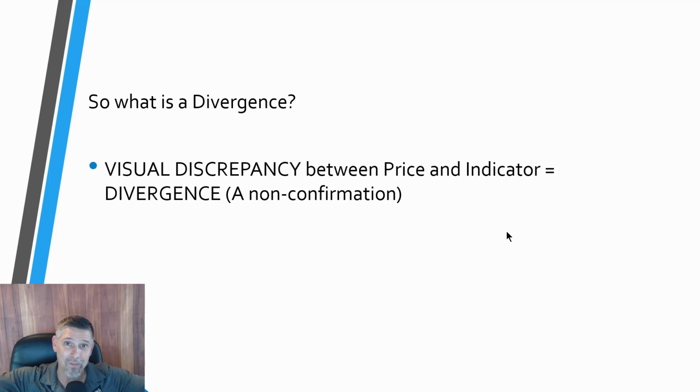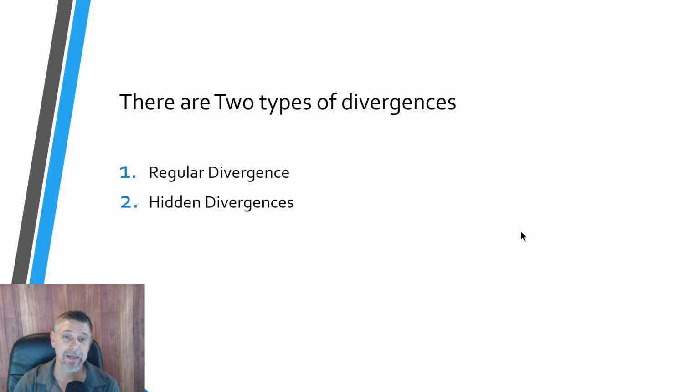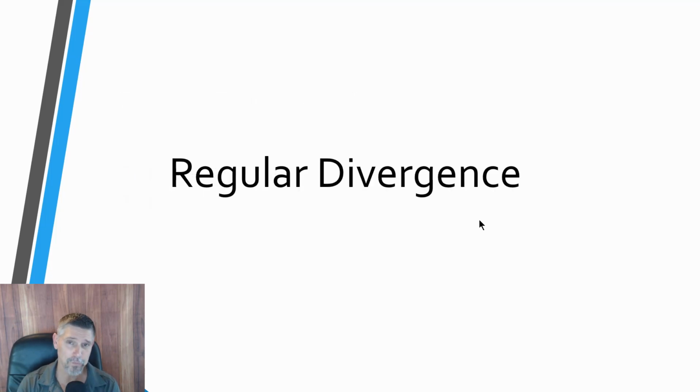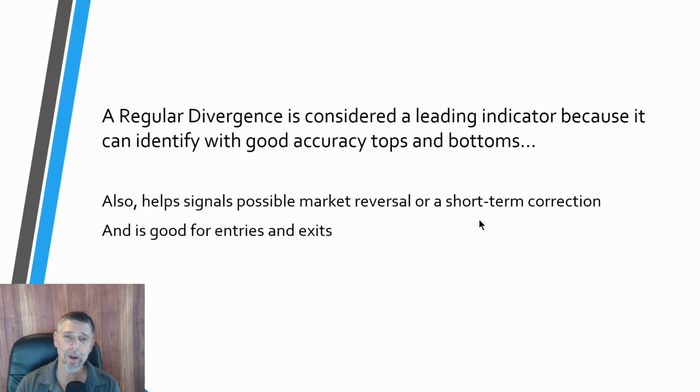But when they're out of whack or out of balance, we get this divergence. It's a non-confirmation. Now, there's two types of divergences. There is a regular divergence, and there is a hidden divergence, and we're going to talk about both. So first, let's talk about the regular divergence. A regular divergence is considered a leading indicator because it can identify with really good accuracy tops and bottoms.